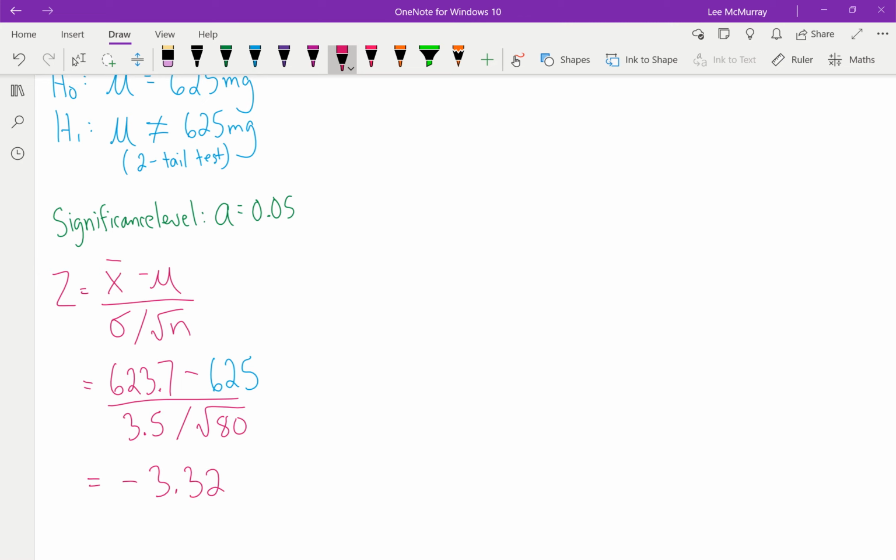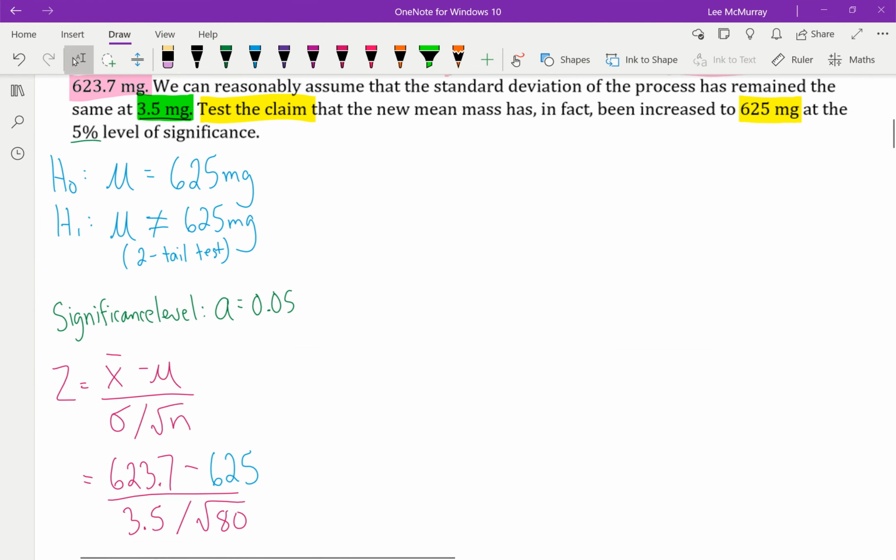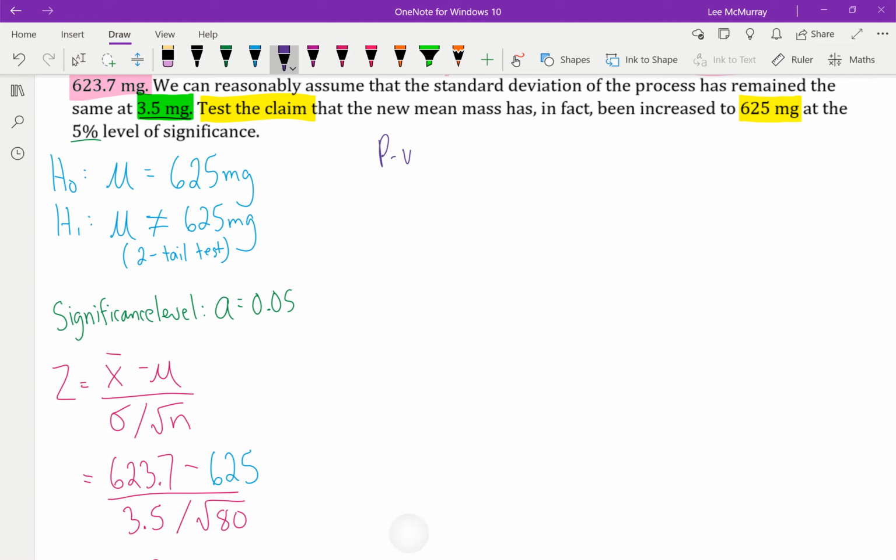Okay, so that's our test statistic, and then what we'll do from there is use that to get our p-value. So let's grab our p-value. For our p-value, we're looking at a two-tail test, so that means we're going to do something a little different with this one.